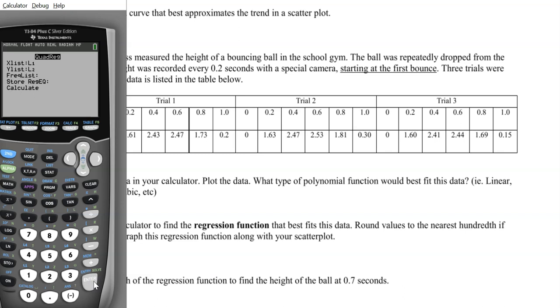Go down to store regression equation and you can go vars over to y vars, so that this will work for every calculator. Over to y variables, hit y1, hit enter, and then calculate. Okay. So it runs the quadratic regression and it gives us this. And then here it says round the values to the nearest 100.